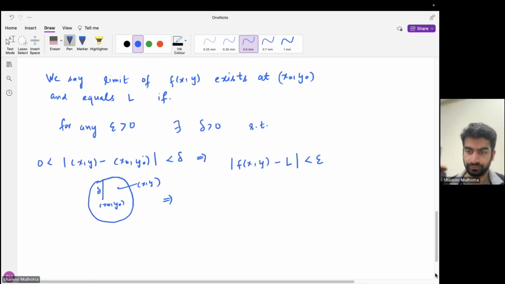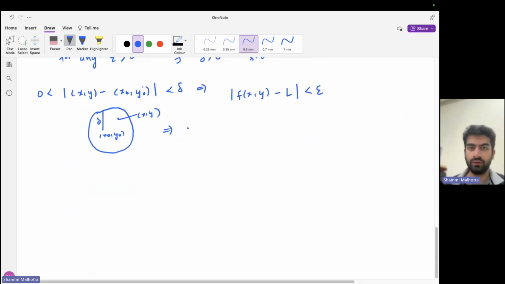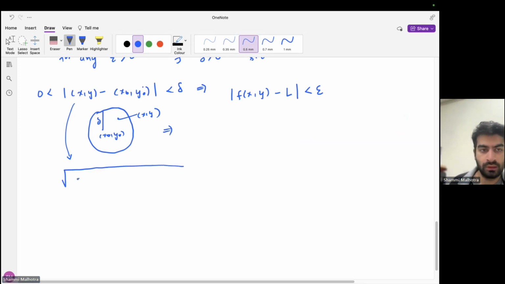So this is our required definition. And what do we mean by this? It is basically the square root of (x minus x naught) square plus (y minus y naught) square. So this mod means the Euclidean distance in R2.